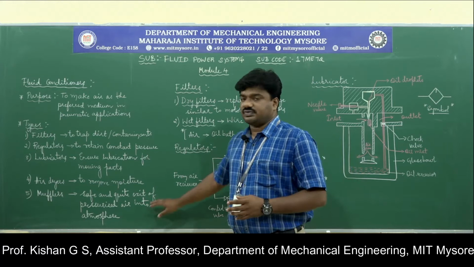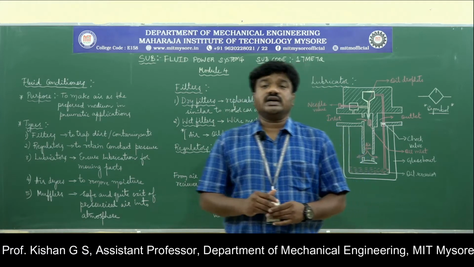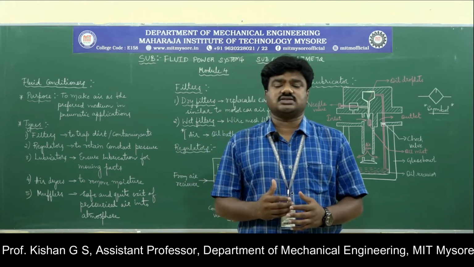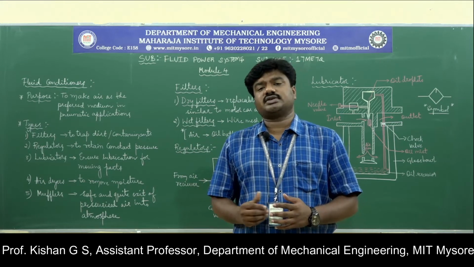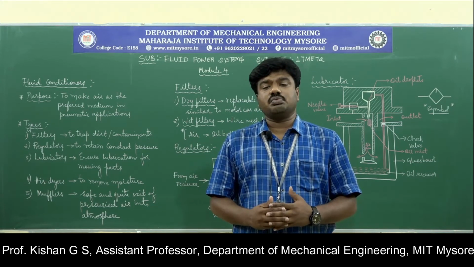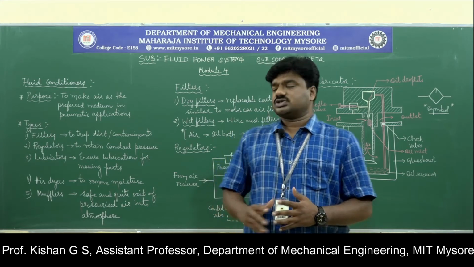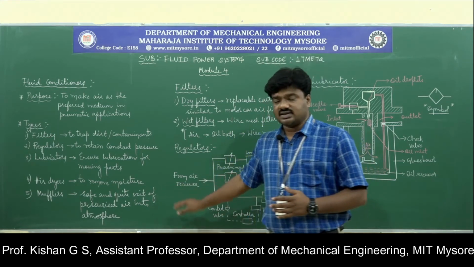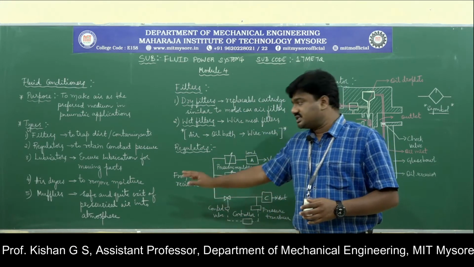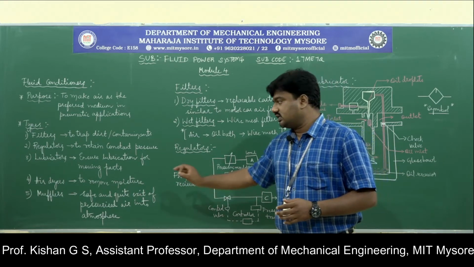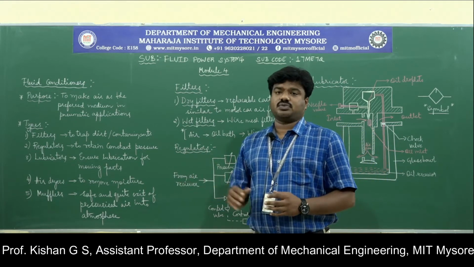Last come the mufflers. The mufflers are devices just like silencers. In a pneumatic system, mufflers are considered pneumatic silencers. Pneumatic silencers are devices that result in a safe and quiet exit of the pressurized air into the atmosphere.